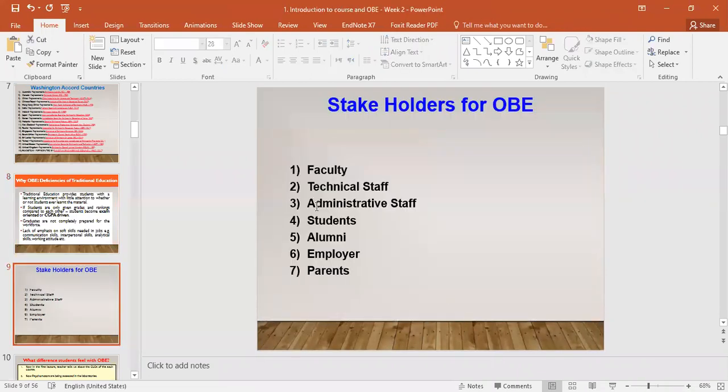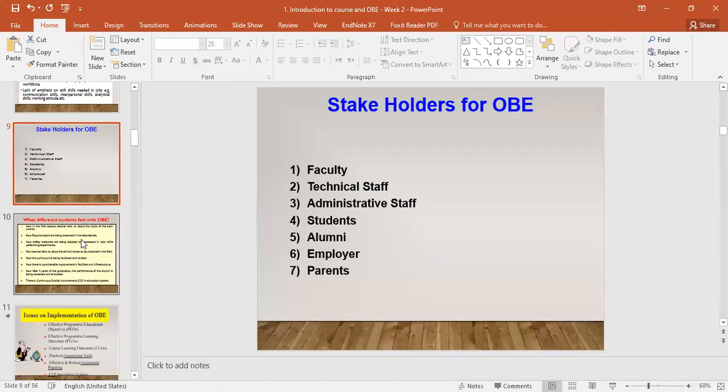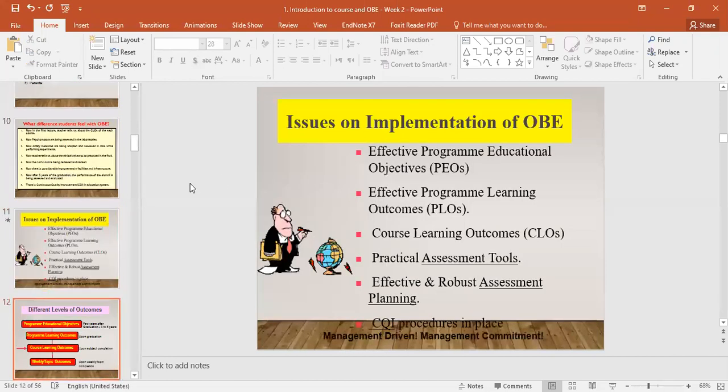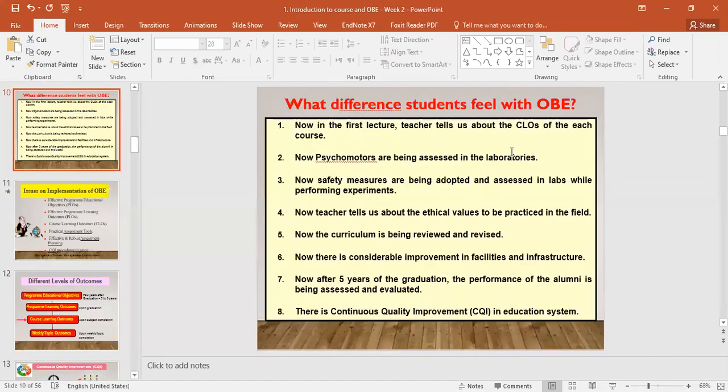Stakeholders for OBE, you will learn with time. So what will students feel? Students will know in the first lecture what the CLOs of each course are that they are going to study.